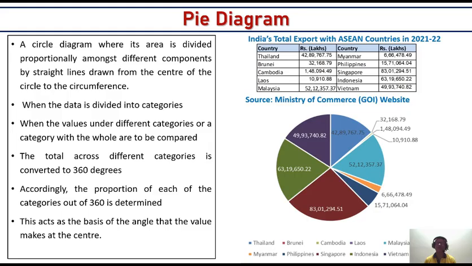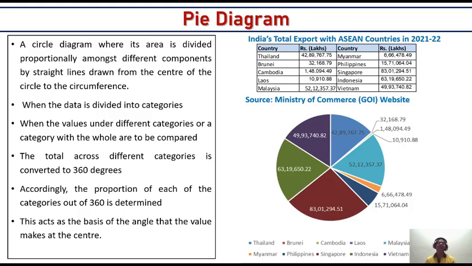They generally stand alone. So if you want to show the total classified by the component parts, so that you can see how much a particular component is against the total, or if you want to compare between two components of a particular aggregate value, then we use this type of diagram.